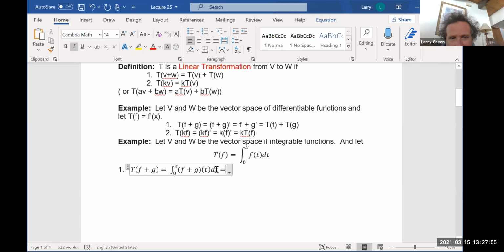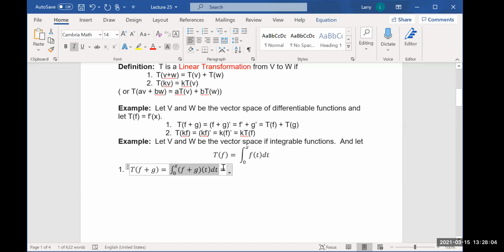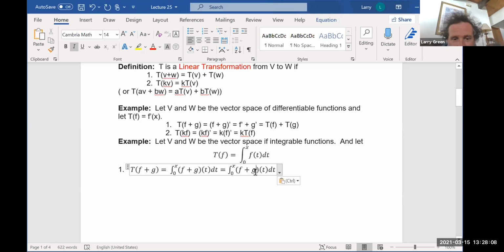But that is equal to, we had a rule about integrals. Hopefully you remember, when you take an integral of a sum, what can you do? Integrate both separately. Yep. So we can integrate f of t dt, and then plus, I can integrate g of t dt, which I'll copy and paste and put a g in.